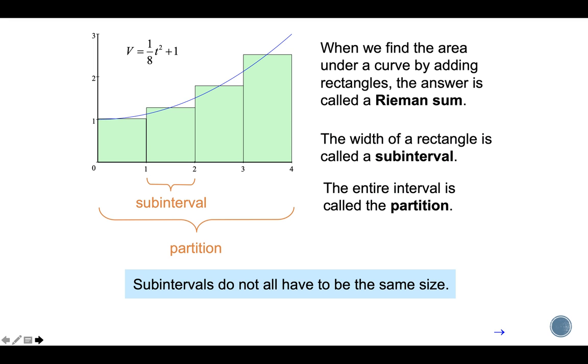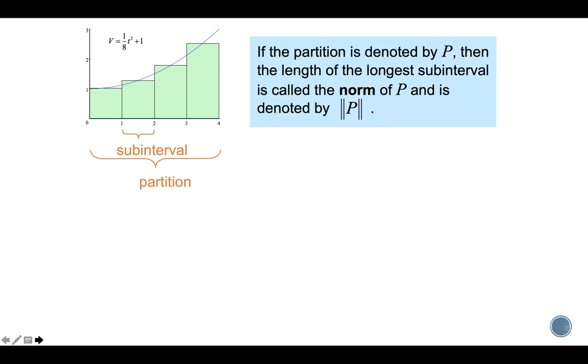Subintervals do not all have to be the same size. If the partition is denoted by P, then the length of the longest subinterval is called the norm of P and is denoted by the symbol you see right there.